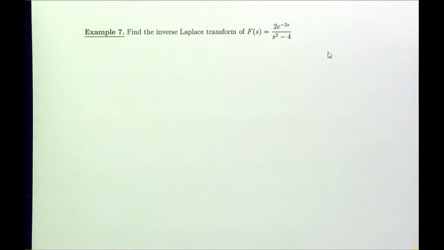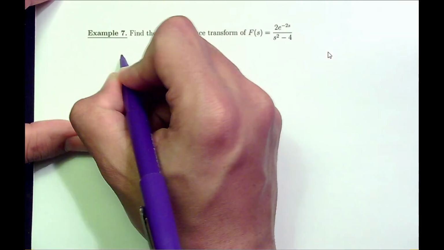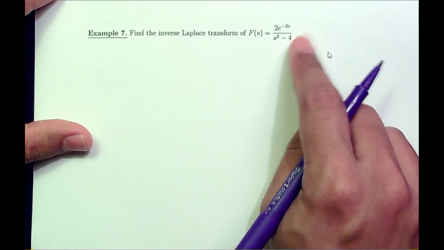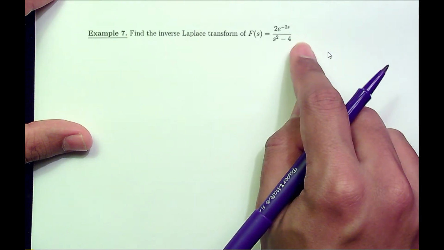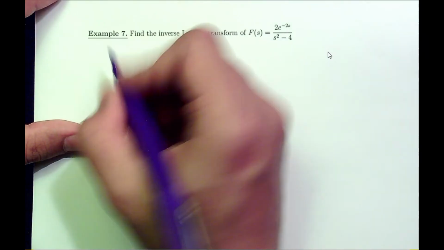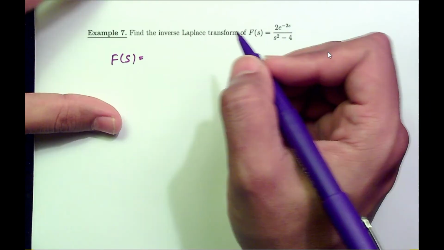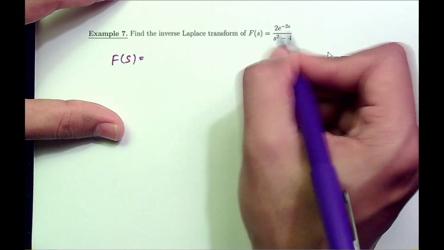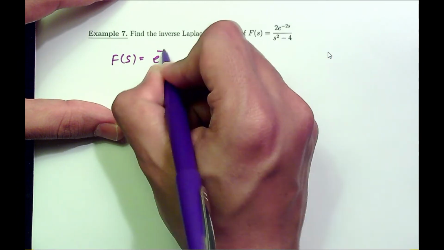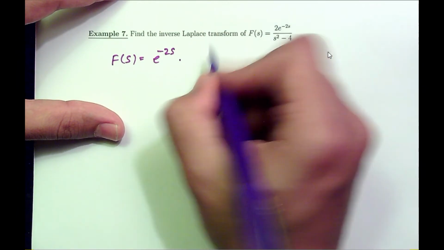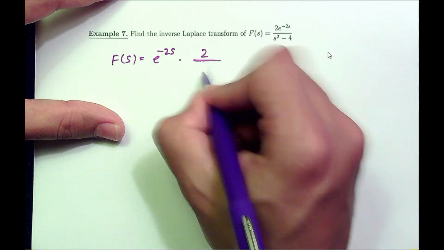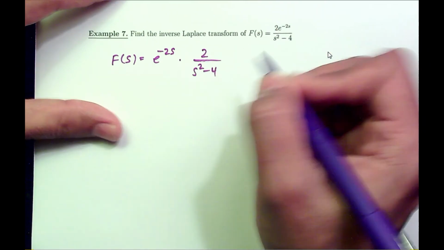If you look at this one as is on the table of Laplace transforms, you're not going to find it. You have to do some algebraic manipulation before you can find it. So the first thing we're going to do is pull out the e part. So this is e to the negative 2s times 2 over s squared minus 4.